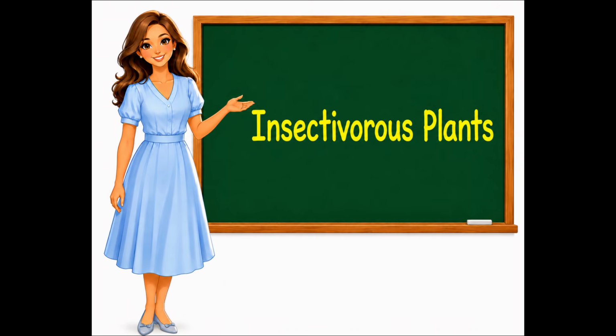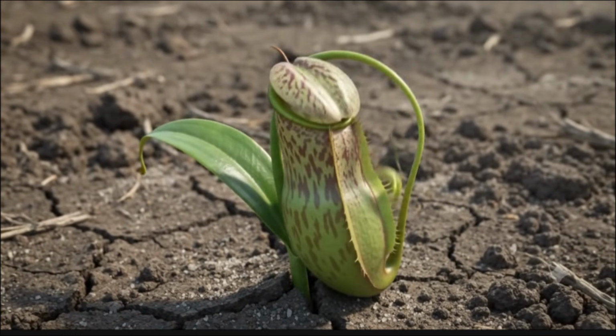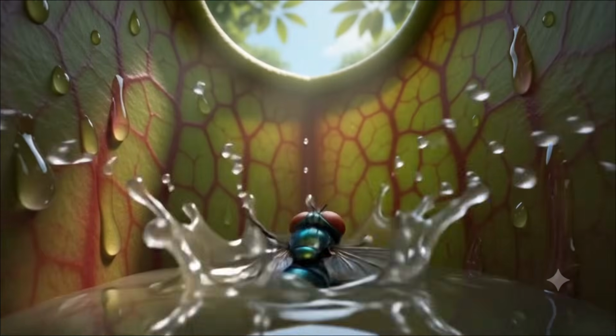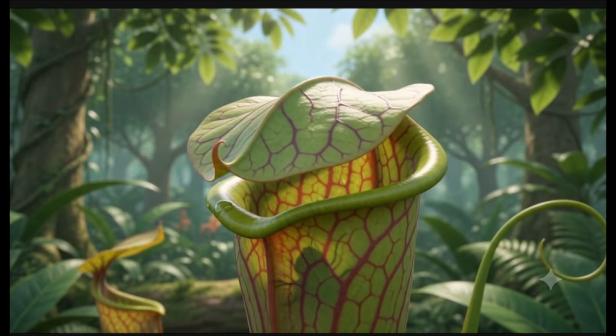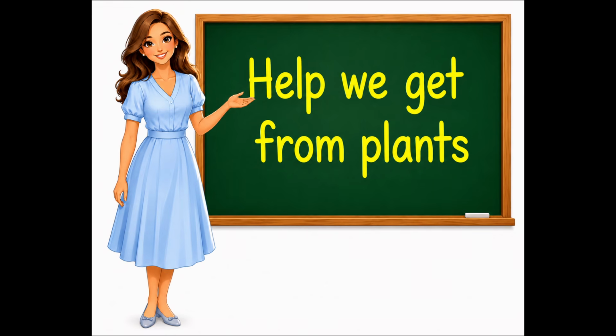And the third one is insectivorous plants. These unique plants grow in poor soil. To survive, they trap and digest insects to get necessary nutrients. The pitcher plant is an example of insectivorous plants.